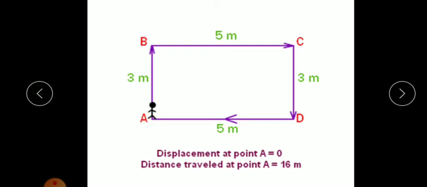In this case, what is the distance traveled by the child? How can you find it? From here to here the child traveled 3 meters, then from here to here 5 meters.